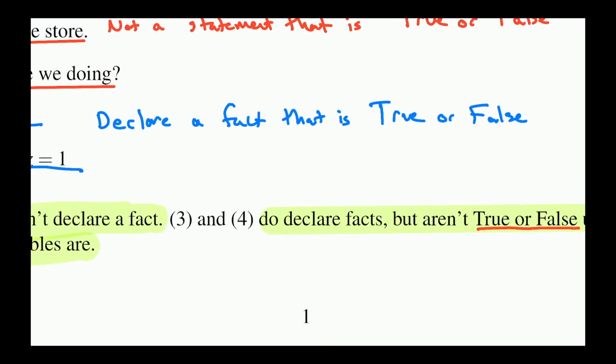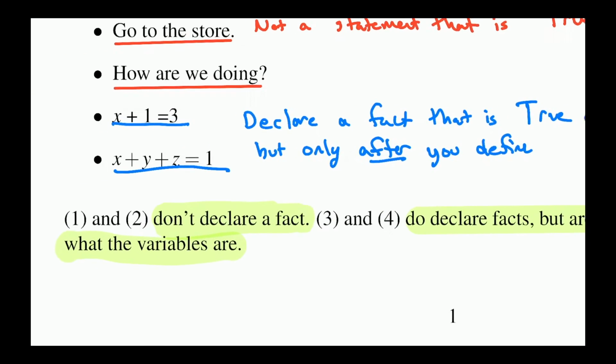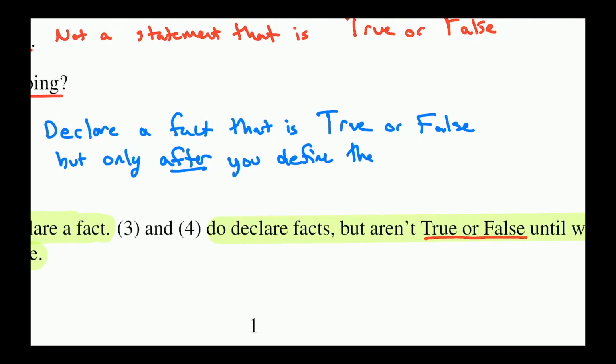So they declare a fact that's true or false, but only after you define the variables, so the x, the y, and the z. You have to have numbers in for the x, y, and z before it's true or false.